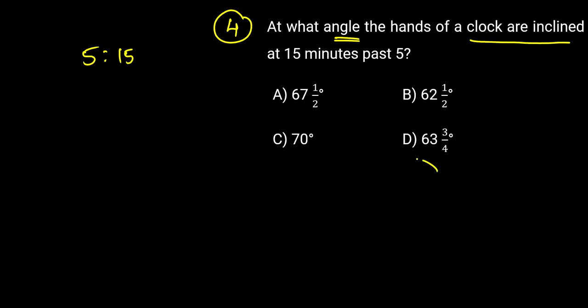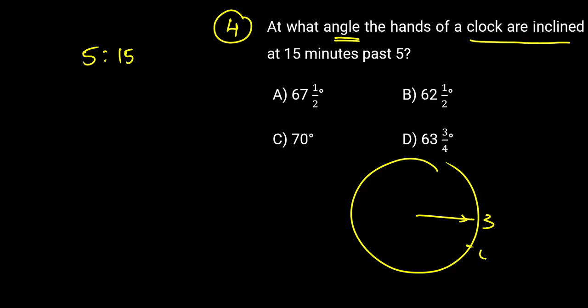With the diagram also I can tell you. Minute hand is at what position? 3. Hour hand: see, 5:30 means exactly in the middle. 5:15 means between 5 and the middle point. Here, right? Okay, the hour hand will be here.